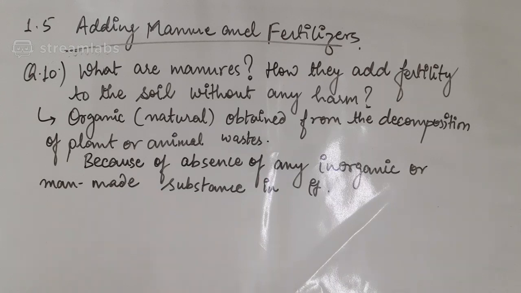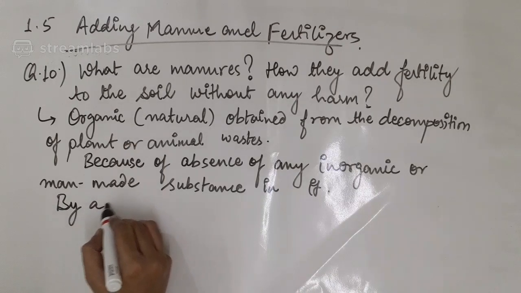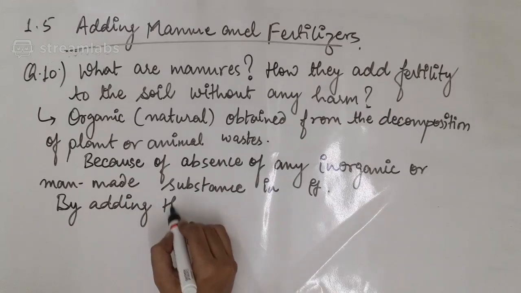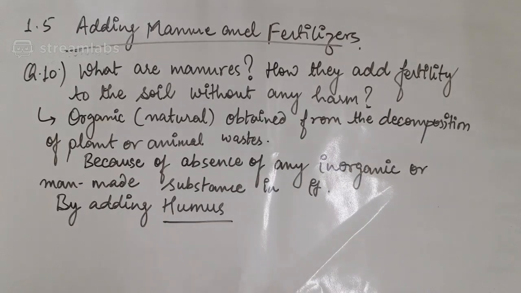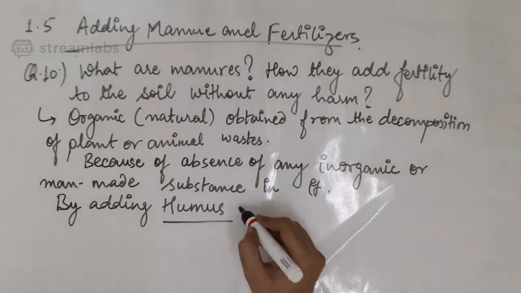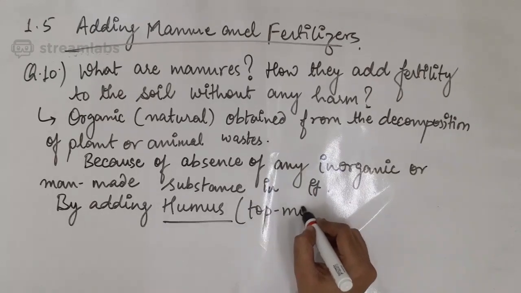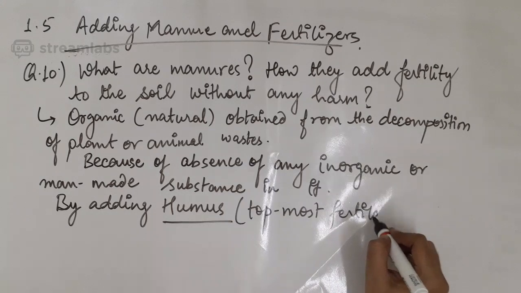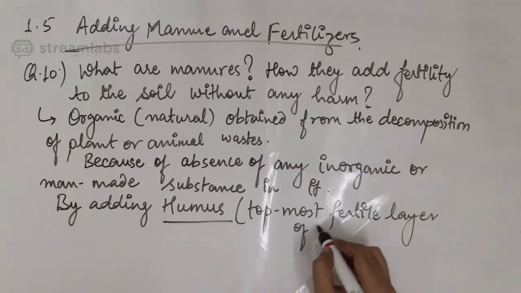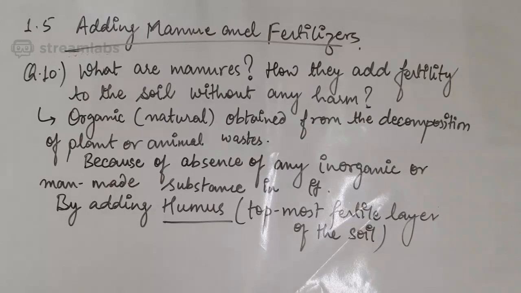The manures are natural and they do not harm the soil and increase the fertility by adding humus. Humus we have studied, it is the dark colored organic matter or the topmost fertile layer of the soil. That adds organic content to the surface layer of the earth, that is the soil.